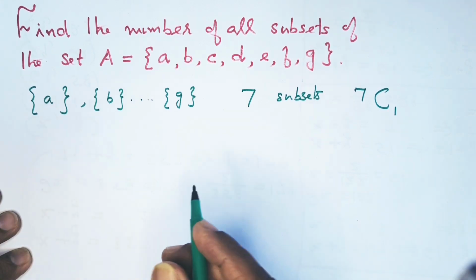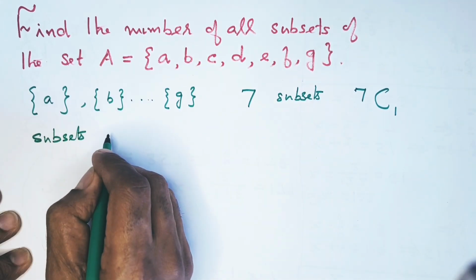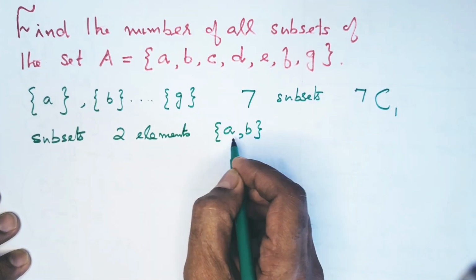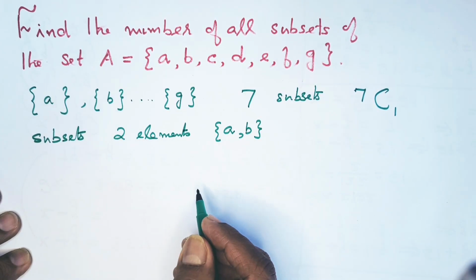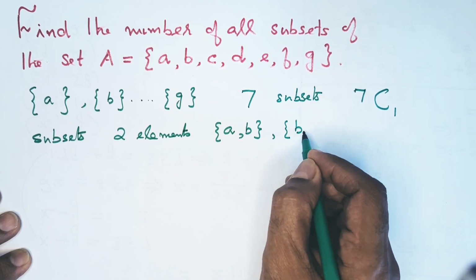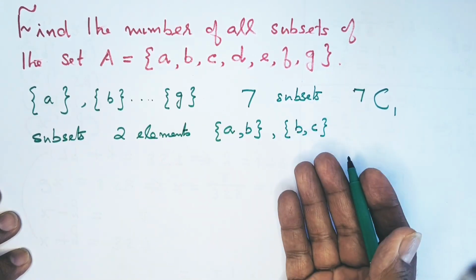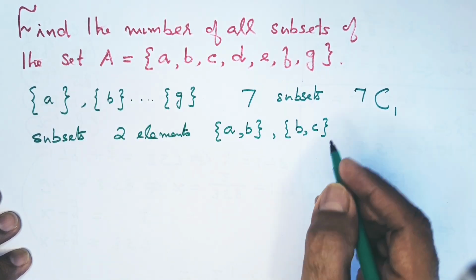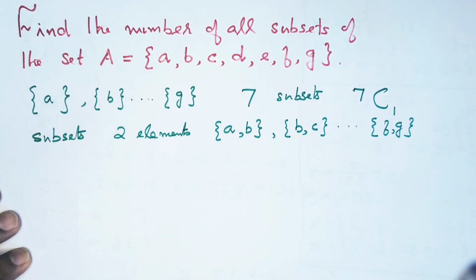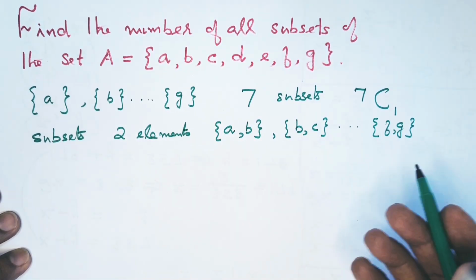Now let us look at subsets containing 2 elements. For example, this will be one of the subsets. Similarly, if I write BC, that will be another subset containing 2 elements, and it will go all the way up to FG. The question is how many subsets you can form.